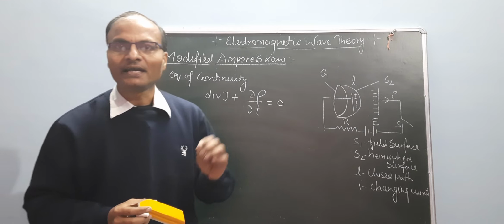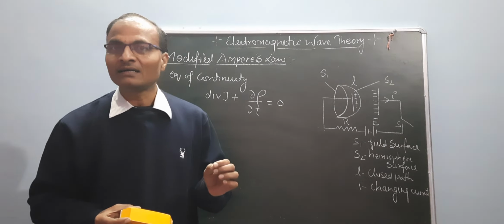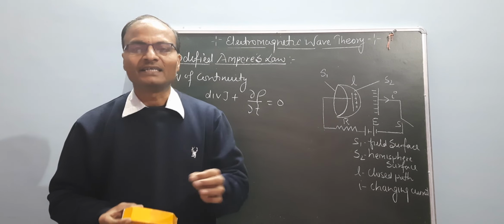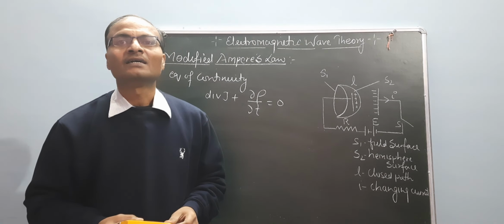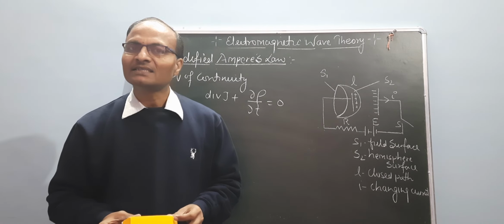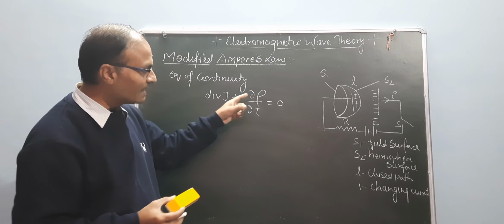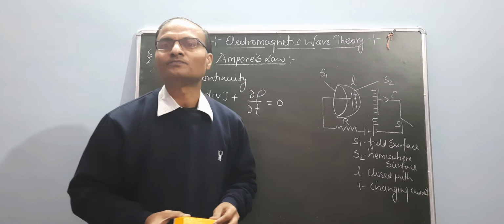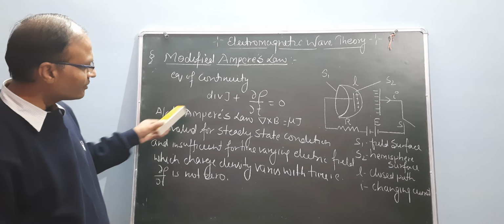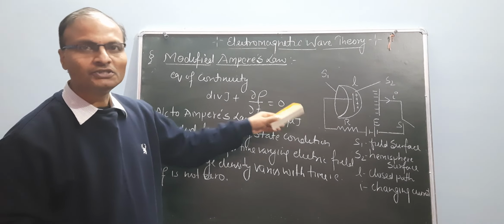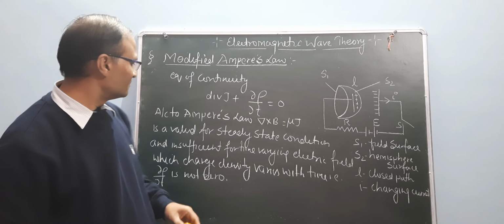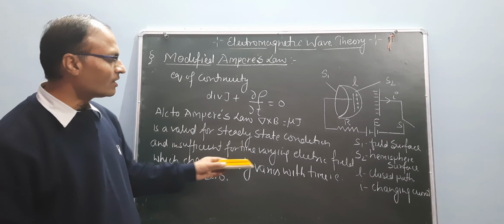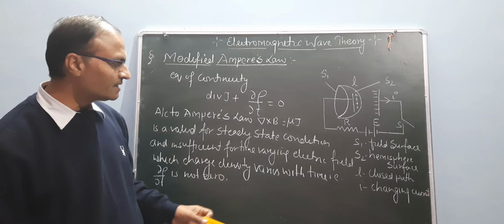According to Ampere's law, del cross B equal to mu into J, where mu is the permeability of the medium. This is valid for steady state conditions and insufficient for time varying electric fields, where the charge density varies with time.